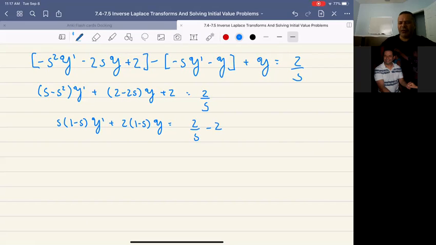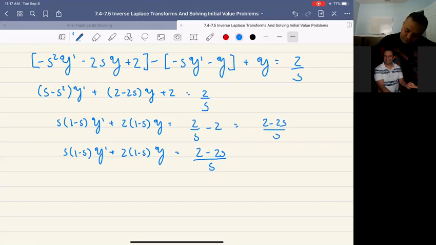On the right-hand side, I'm going to write 2 minus 2s over s, which I'm going to factor out as 2. Then I'm going to cancel out that 1 minus s.